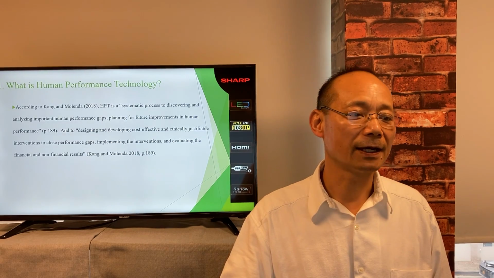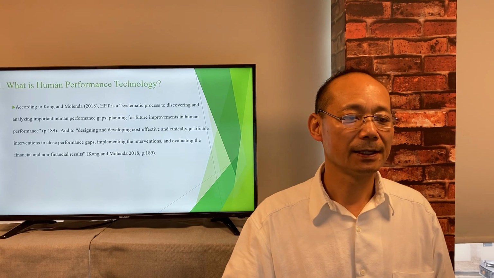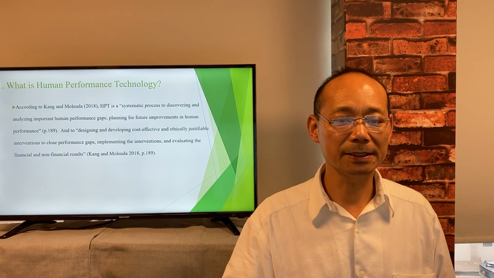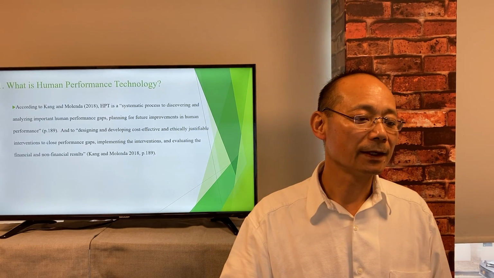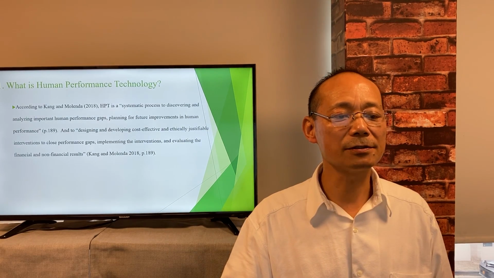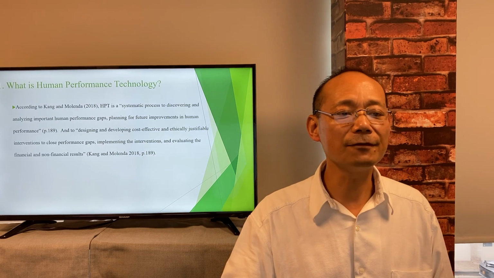According to Kahn and Melinda 2018, HPT is a systematic process to discover and analyze important human performance gaps, plan for future improvements in human performance, and design and develop cost-effective, ethical, and justifiable interventions to close the performance gap, implementing the intervention and evaluating the financial and non-financial results.